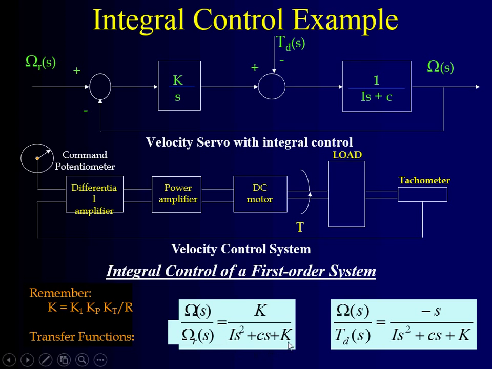So you have the transfer function with the integral control here. If you have the system relating the output of the system to the disturbance, you have this other transfer function.